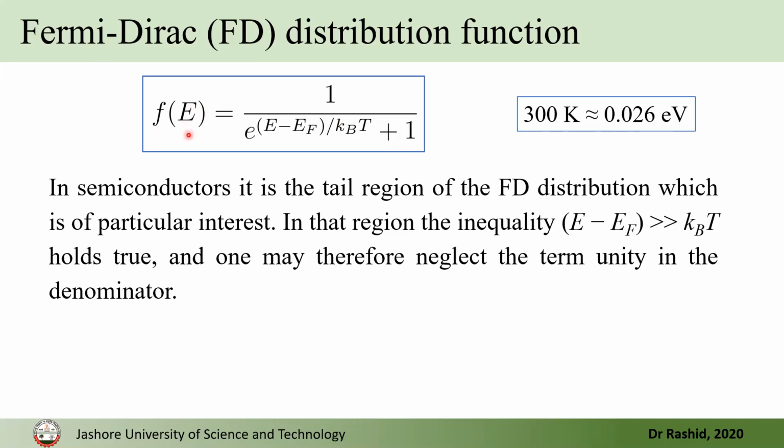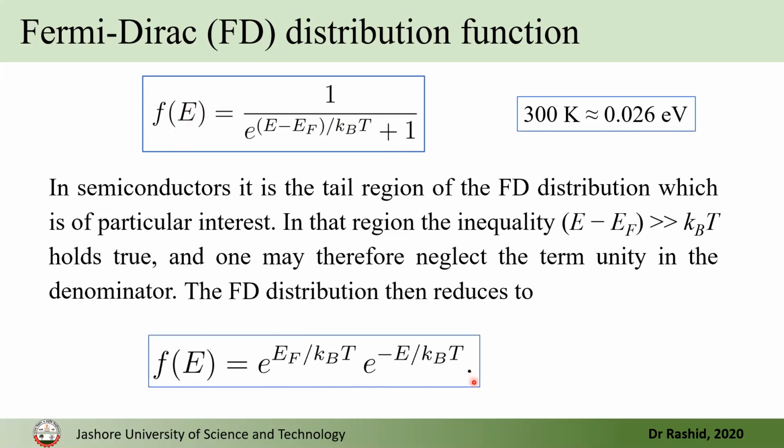So the Fermi-Dirac distribution function becomes like this. And this is actually the well-known Maxwell-Boltzmann distribution, or the classical distribution function. So for this approximation, instead of Fermi-Dirac distribution, we can use this one.